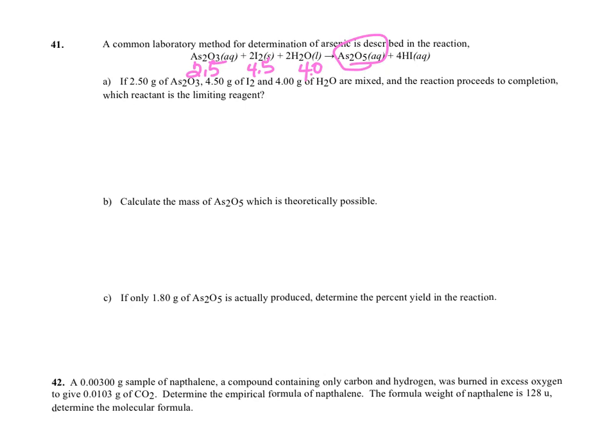So I'm going to go ahead and find moles of each of these. 2.50 grams of the As2O3 divided by the molar mass of 197.84 gives me 0.0126 moles.